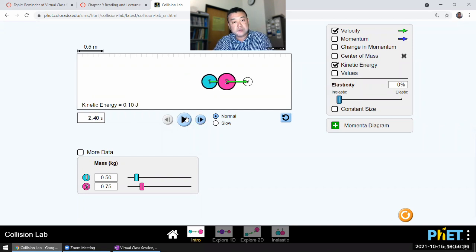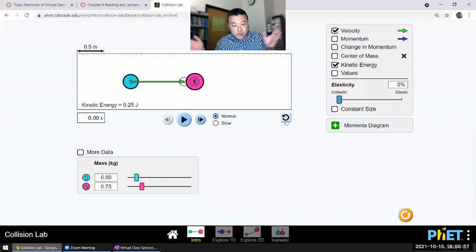And what I would tell you is that if the question has told you that two things stick together, they have told you that this is completely inelastic collision, and you can actually prove that energy is not conserved. So you don't have to assume it. You can just solve the question with the given information and prove that energy is not conserved. This is how you do it.